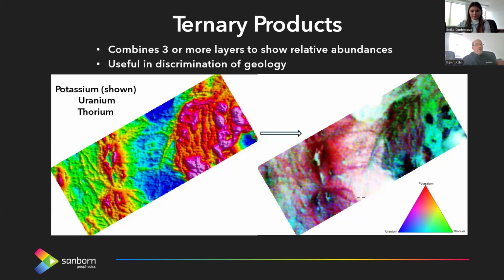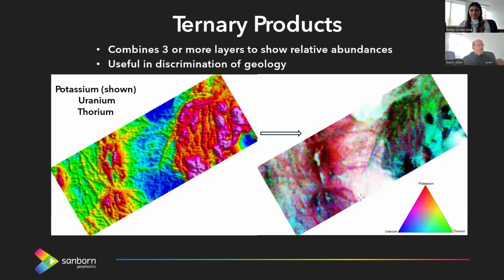So what we can see here is that using the ternary maps in a radiometric survey, we have similar responses of the potassium in the potassium map, but as we use the different ternary presentation on the processed data, we can see that there's a different composition of rock on the westernmost and easternmost sides of the area.